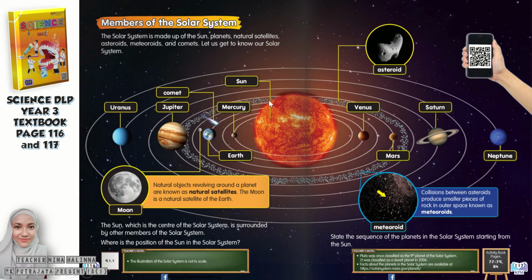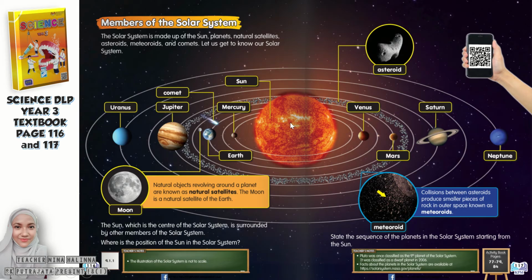The first one is the sun here. Okay, we call it the sun. Usually when we mention the sun, we need to use "the" in front of sun. Okay, the sun. So for science, you need to write Sun with the capital S. Just like here, up here you can see the Sun. Okay, because Sun is a proper noun.